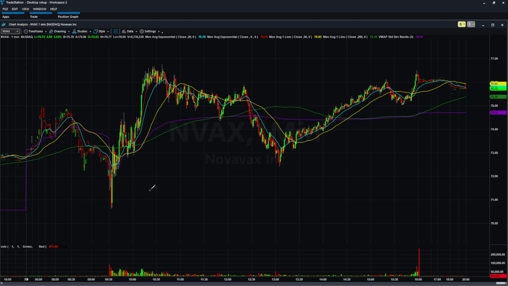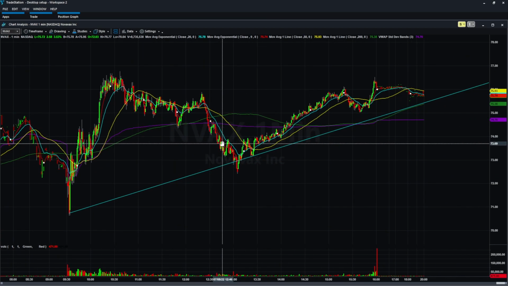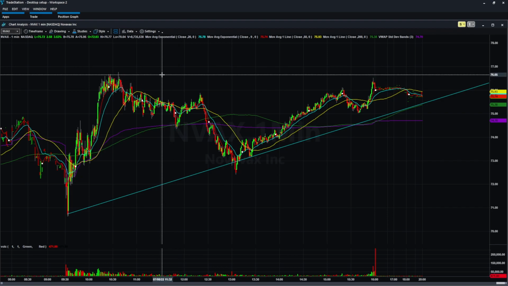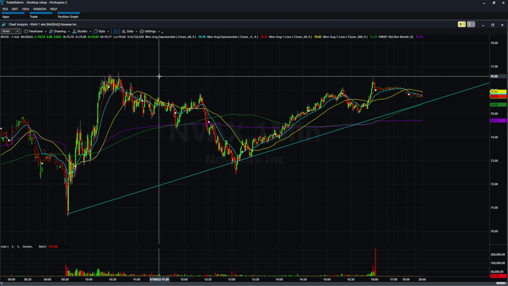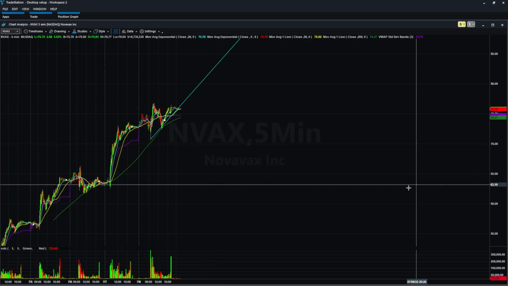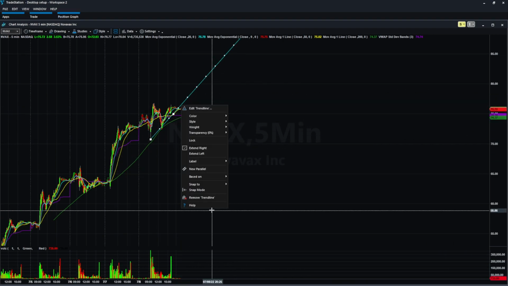But if you go from the bodies of this big sell-off to maybe this body right here, and then you've got an upper resistance around 76.60, 76.70. Yeah, this one's not perfect. I don't like this one at all. Just disregard this one.